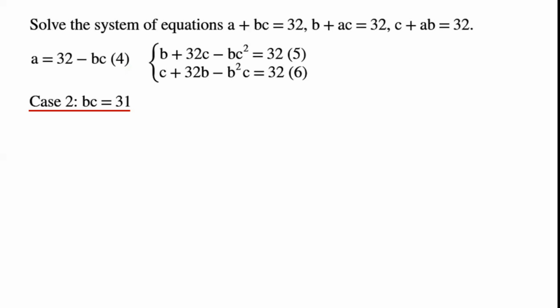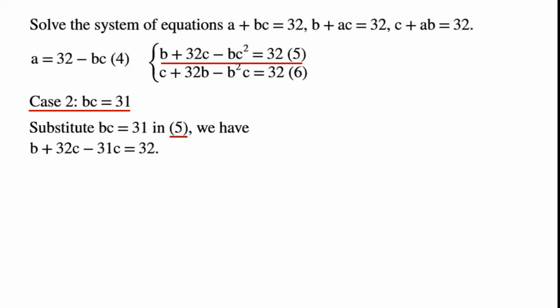Case 2, BC equals 31. Substitute BC equals 31 in equation 5. We have B plus 32C minus 31C equals 32. By simplifying the equation, we can now write B plus C equals 32.